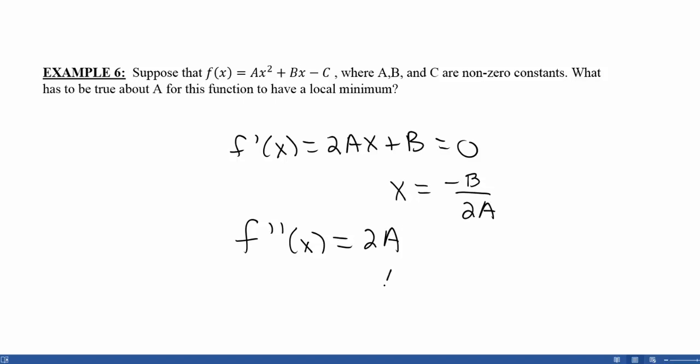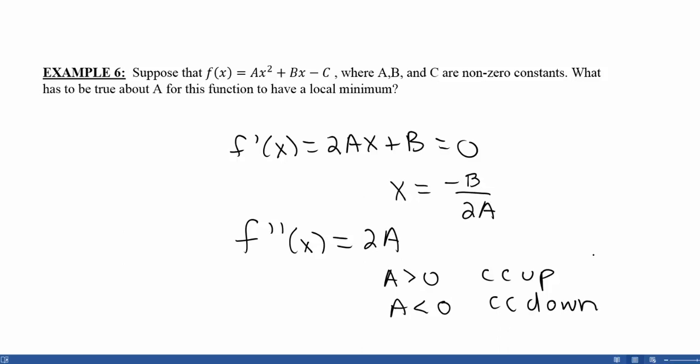If a happens to be positive, greater than 0, that means the entire second derivative is positive, which means for all values of x, your original function is going to be concave up. Whereas if a happens to be negative, that means that for every value of x, the original function would have to be concave down.